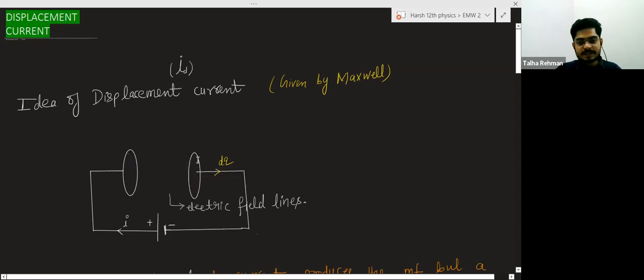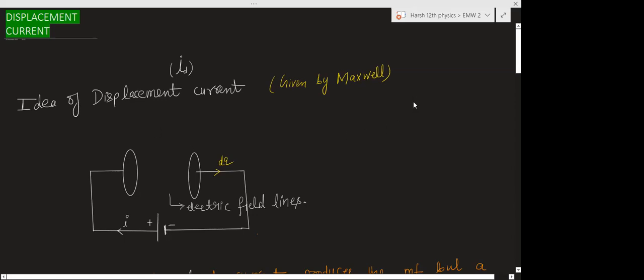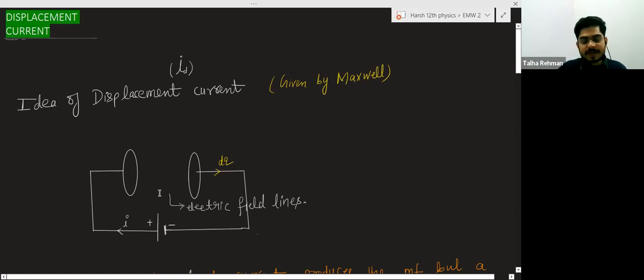In the charging condition, the charge on the plates of the capacitor will increase, obviously. So due to the increase in the charge on the plates of the capacitor, there is an electric field in between the plates of the capacitor.